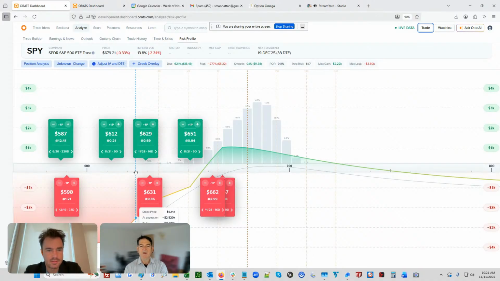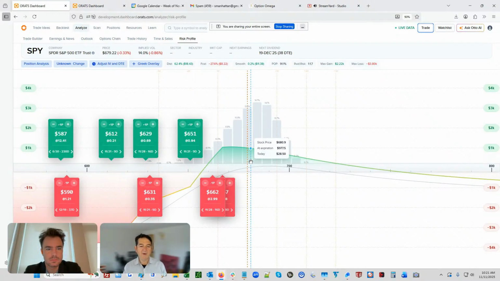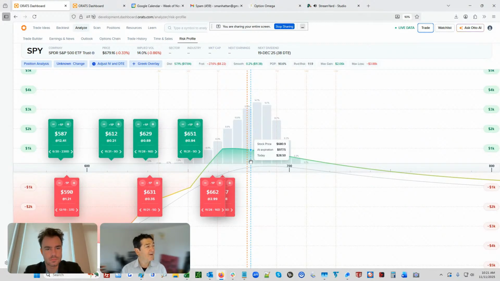Yeah, so you were very interested in what all these percentages are, right? Those percentages show historically where the stock has moved. Now we're looking at three-day moves.